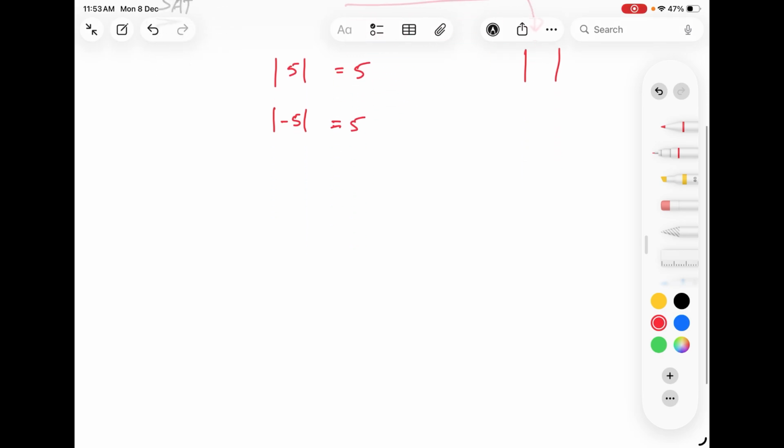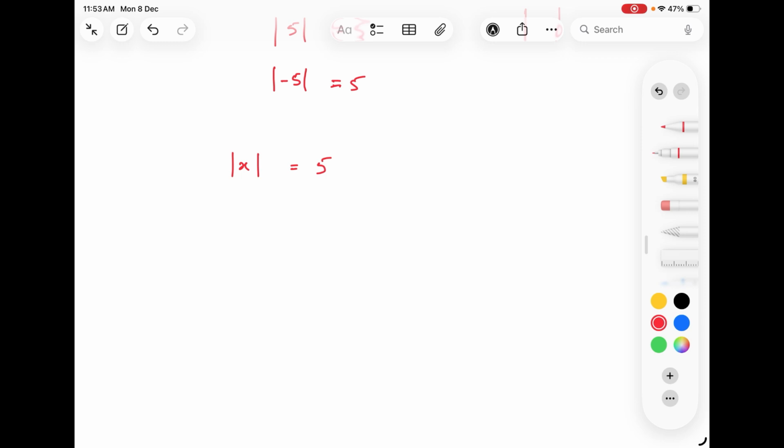So if we have a variable x and the absolute value of x is equal to 5, then what could the value of x be? The value of x can be either 5 or minus 5, right?